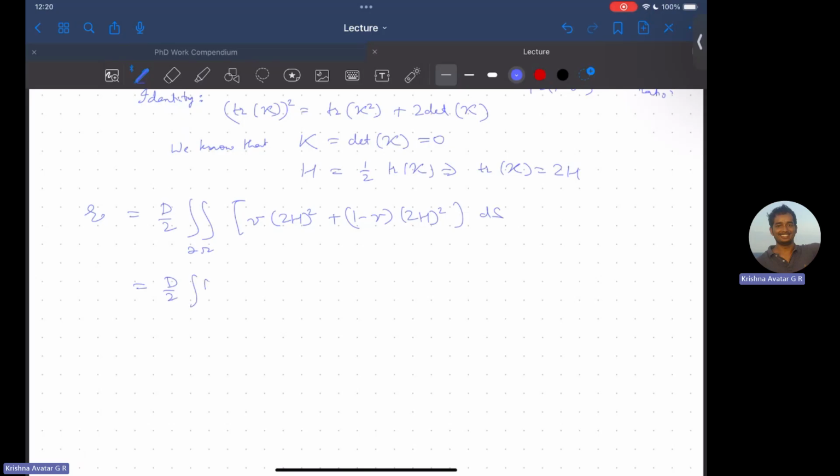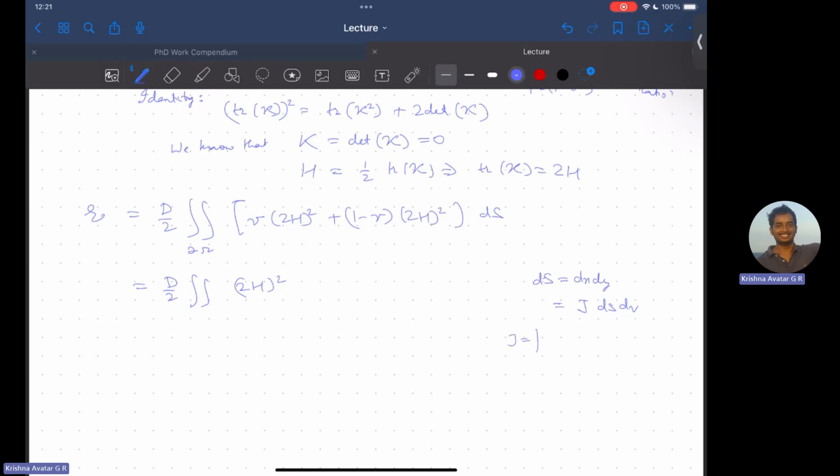So then, we'll make some simplification. You know that nu and then 1 minus nu, it's just 2h squared. And now we have that ds is also given as dx dy, and using the Jacobian J we can write it in terms of ds dv.